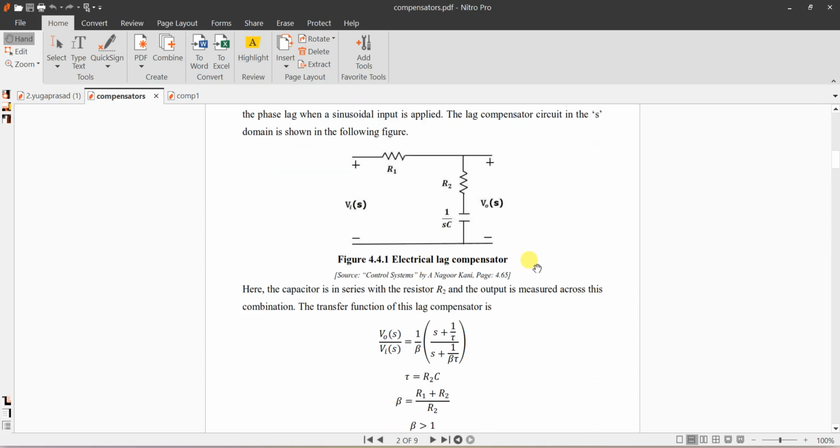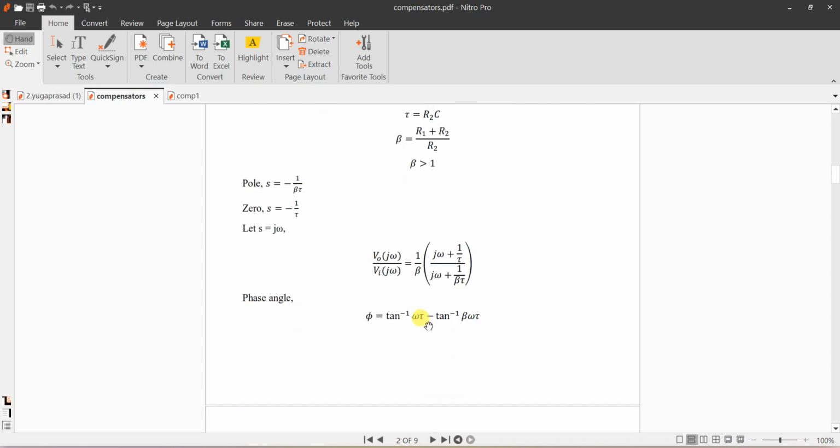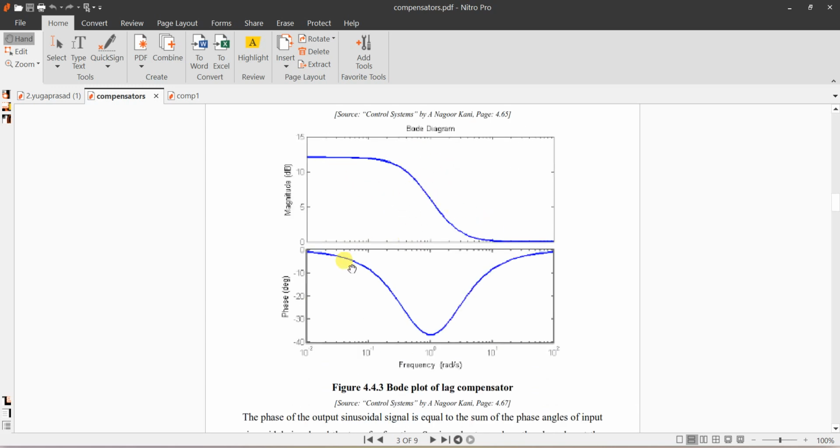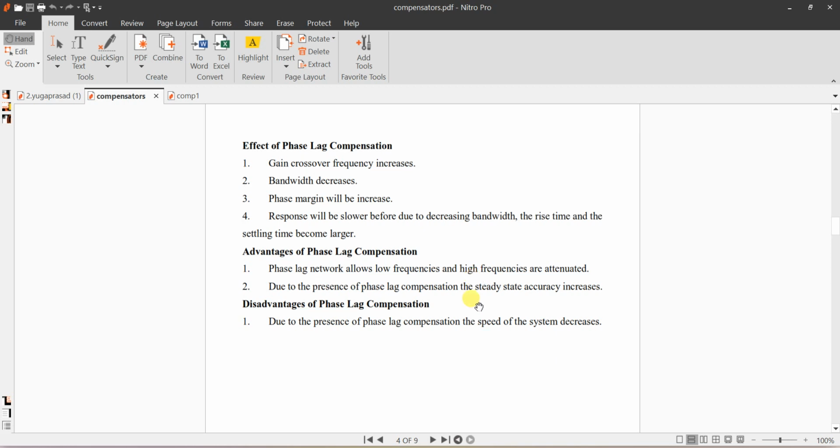The first one is the lag compensator. In the lag compensator, there is a pole at minus 1 by beta tau, and a zero at minus 1 by tau. So you are going to get a response like this. The effect of phase lag compensation is that the gain crossover frequency is going to decrease, bandwidth is going to decrease, and phase margin will increase.